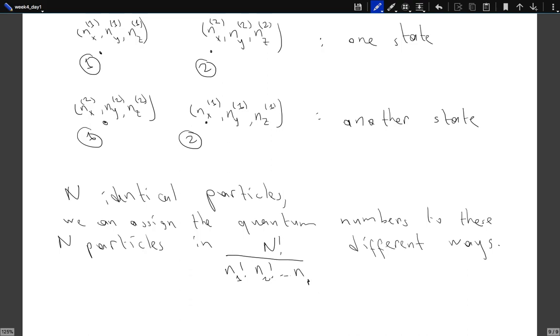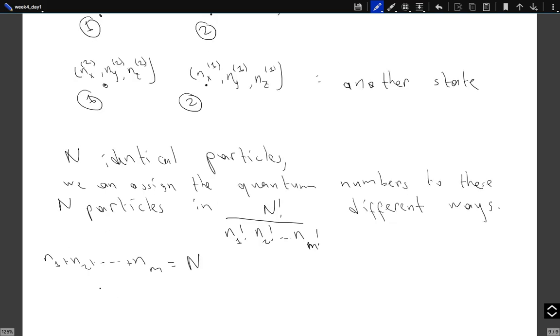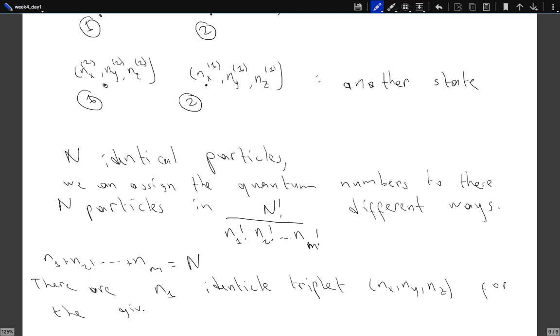And let's say m factorial, such that n1 plus n2 plus up to nm is equal to n. And what it means is, let's say there are n1 identical triplets nx, ny, nz for the microstate.